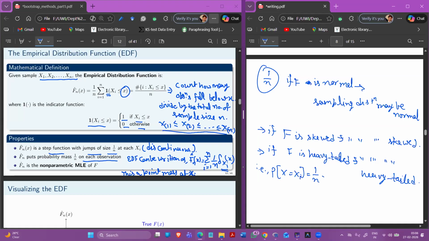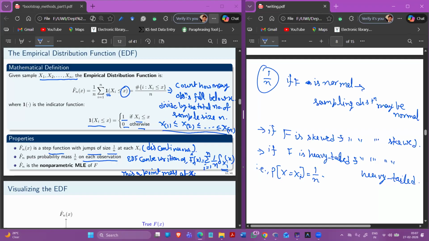The probability mass of xi here is 1 upon n because the probability of selecting each observation is 1 upon n, since we are taking the sample with replacement. The empirical CDF measures the proportion of the sample observations that are less than or equal to x. Fn cap is the non-parametric MLE of F.